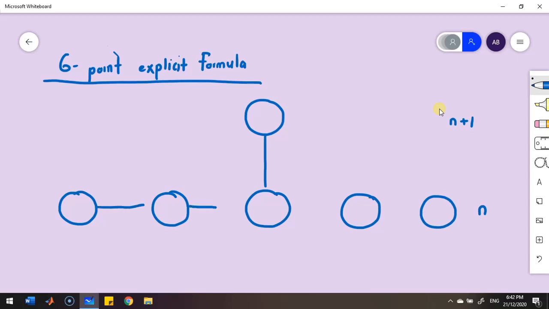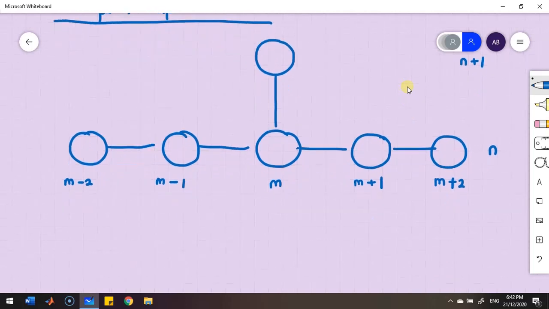So this 6-point formula is given by, obviously this is my u m n, and this will be m minus 2, m minus 1, m plus 1, m plus 2.